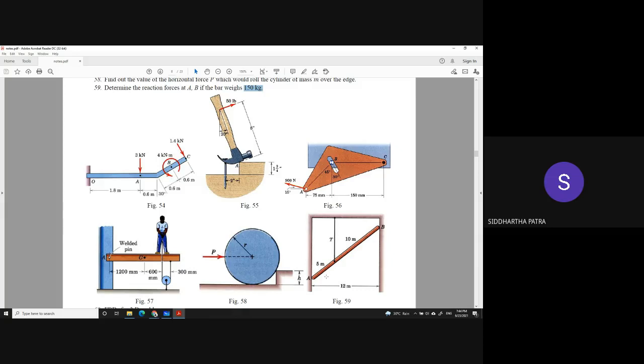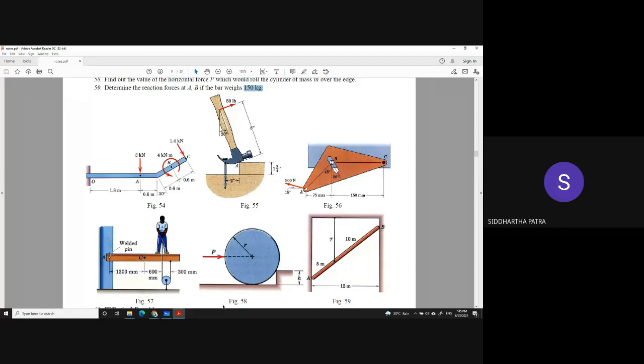It is receiving some support from A and B, and some upward force coming from the cable, which is applying a tensile load. The cable is under tension because the bar is pulling it, and it is in turn also pulling the bar in the upward direction.